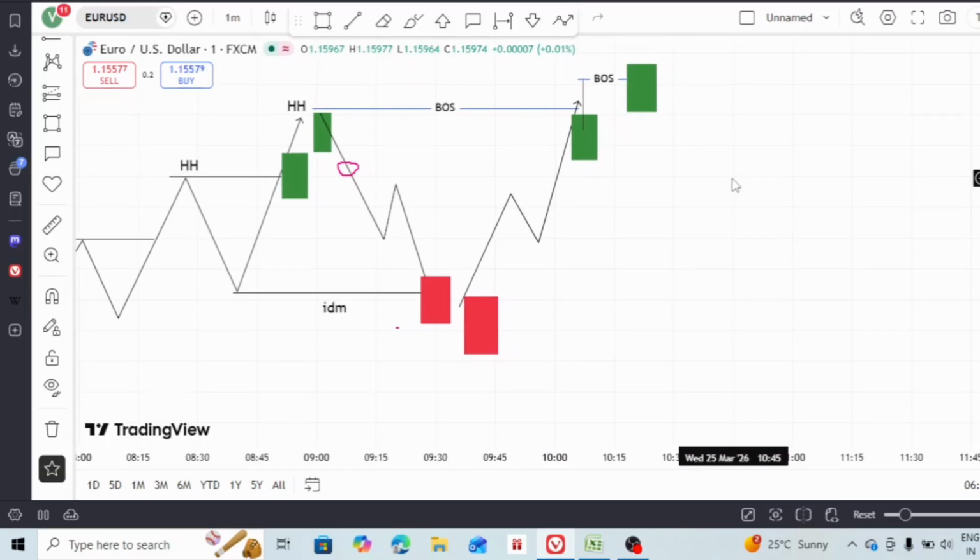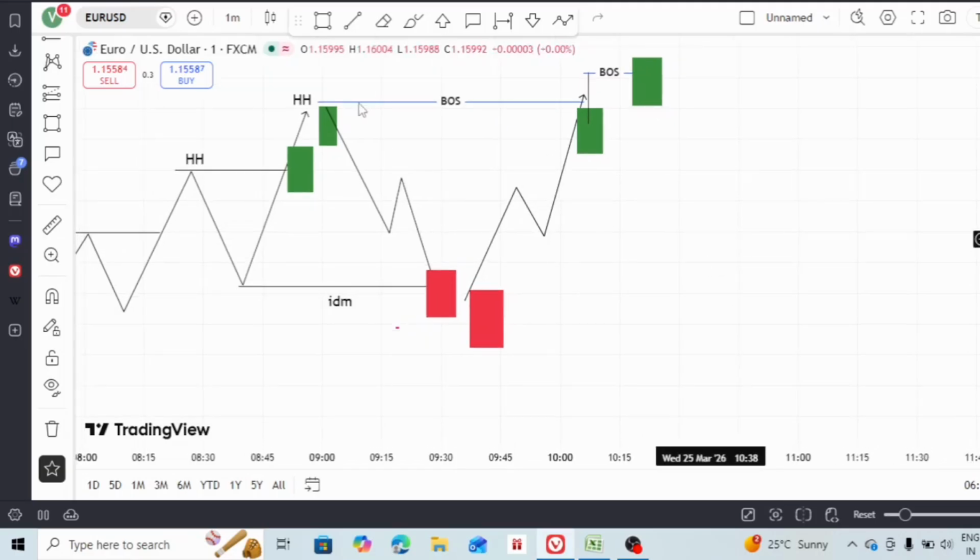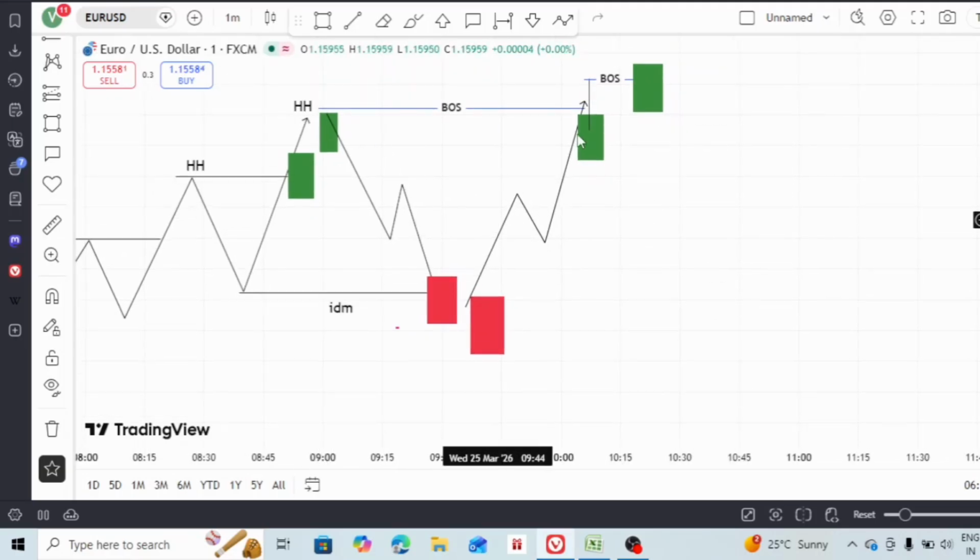After the break of structure has been confirmed, we find our change of character. It is the lowest point where the break of structure happened. This is our lowest point, where the inducement has been mitigated and then the break of structure has happened. So this lowest point will be our change of character.